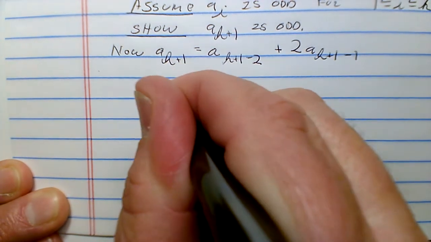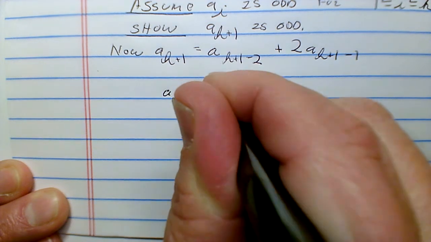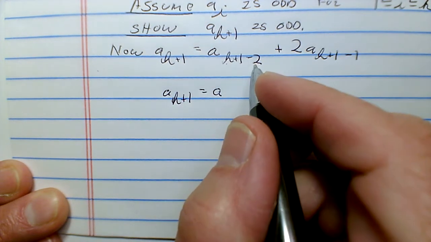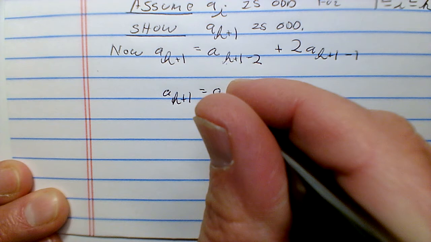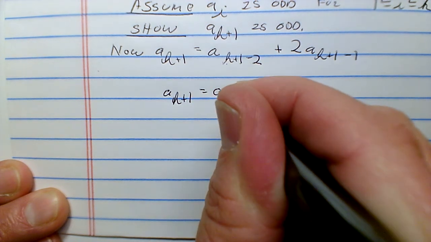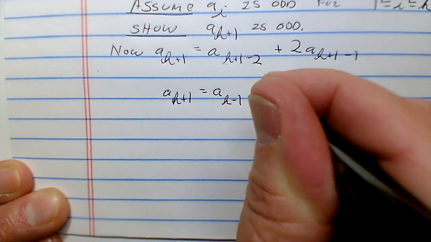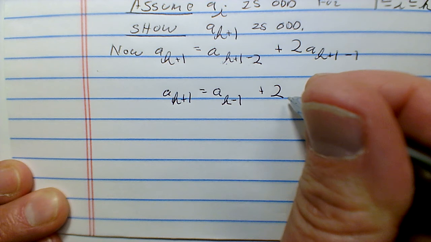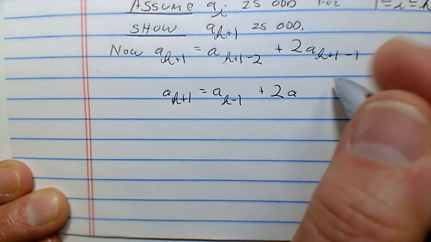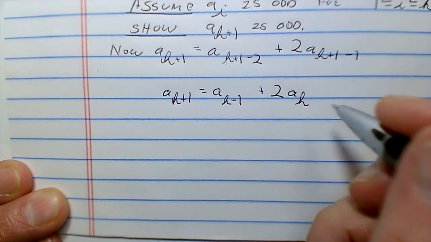So in other words, a sub k plus 1 is equal to, if I do k plus 1 minus 2 as the subscript, you see that it's k minus 1, and this is 2 times, if I do k plus 1 minus 1, 2 times a sub k.